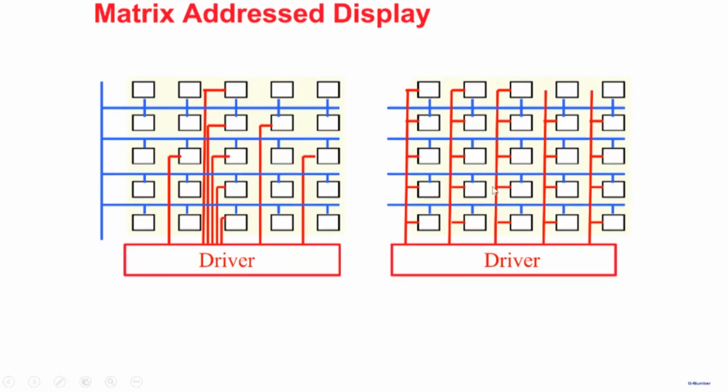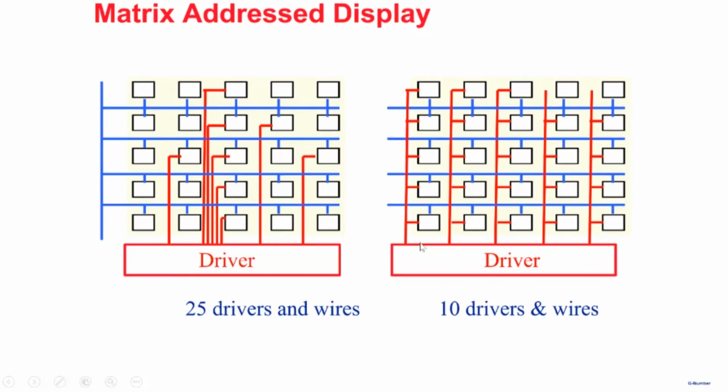So by sharing rows and columns, we can reduce the number of wires that come out from this particular part here. Note that all these LEDs will share, with one terminal on one row, and the other terminal is connected to a column here.